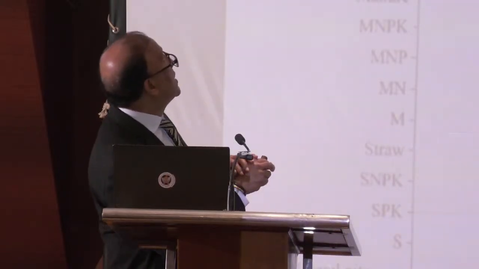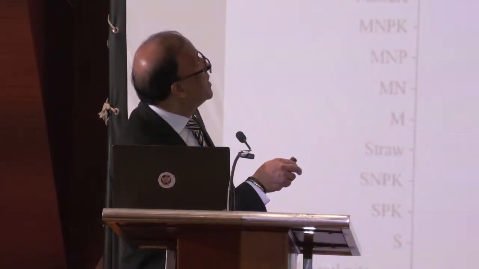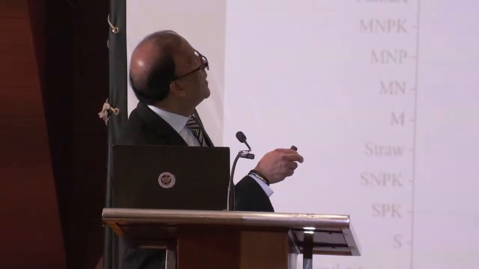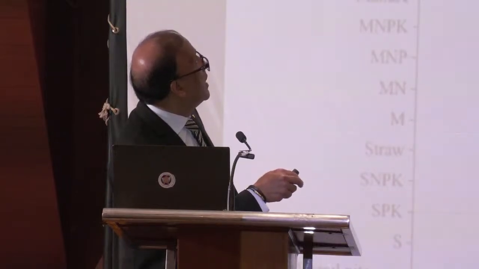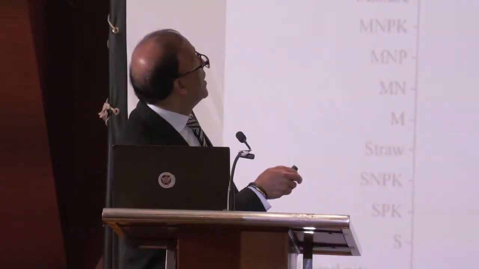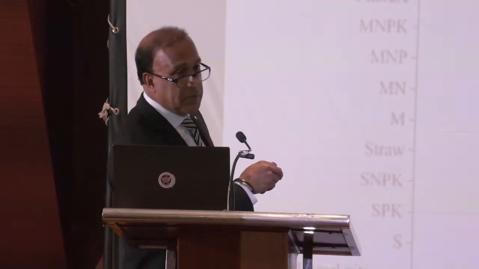Then we measured various things, like the first aspect, the mineral nitrogen addition. You can see that, let's go through this. So basically you will see that manure and mineral nitrogen increased and straw increased all these aspects.